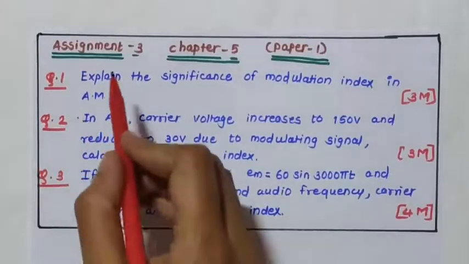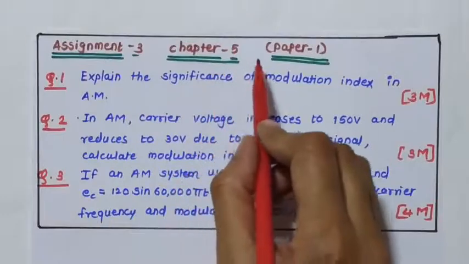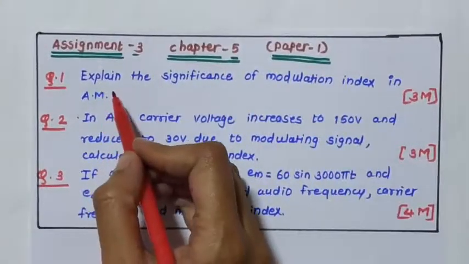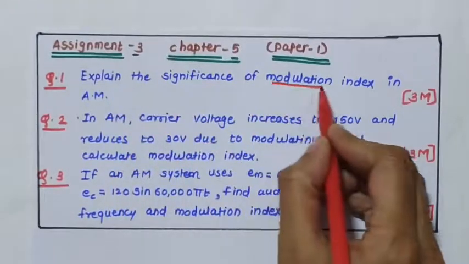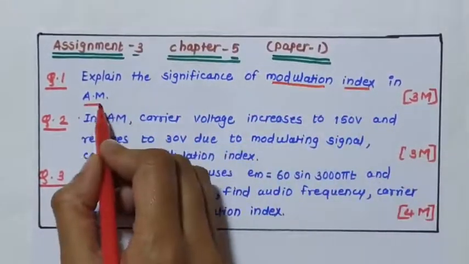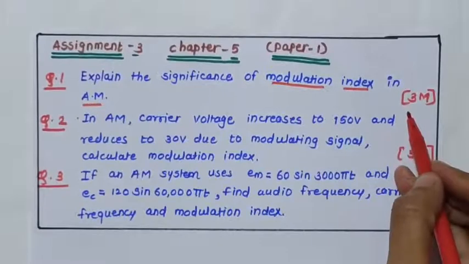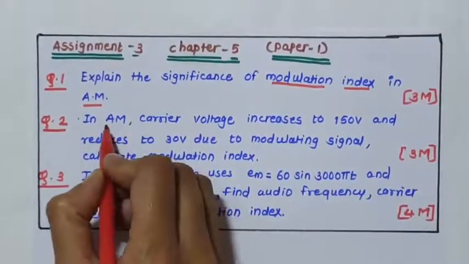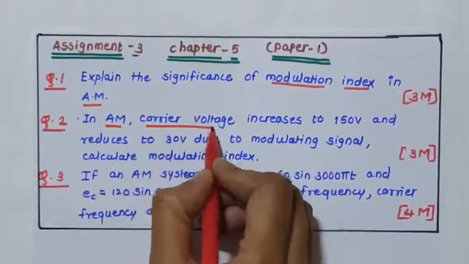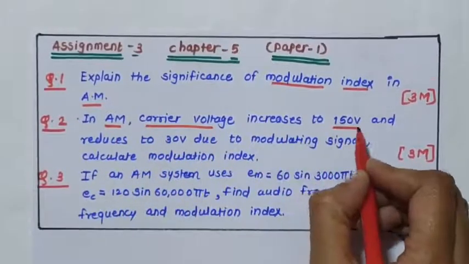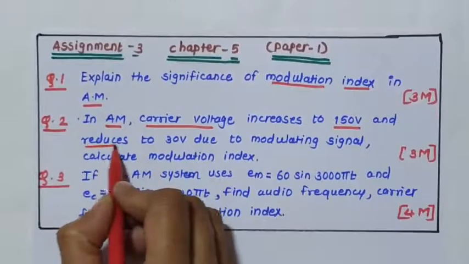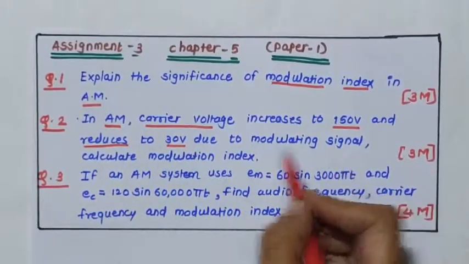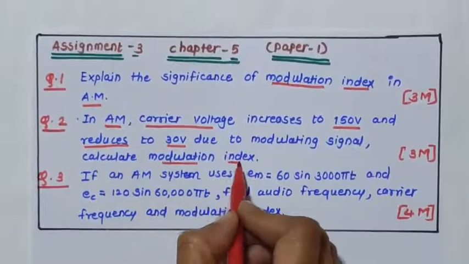Now this is assignment number 3 for this chapter number 5, paper 1. Question first: Explain the significance of modulation index in AM. This question carries 3 marks. Question number 2: In AM, carrier voltage increases to 150 volt and reduces to 30 volt due to the modulating signal. Calculate modulation index.